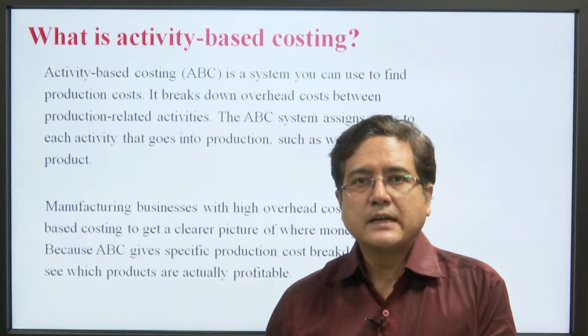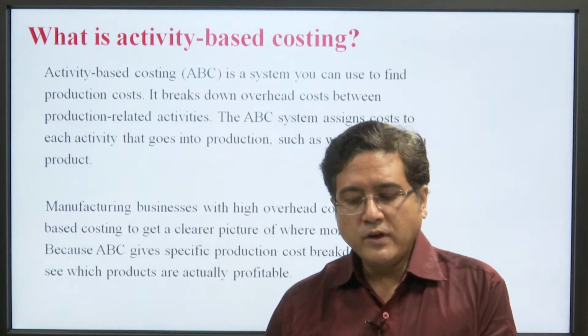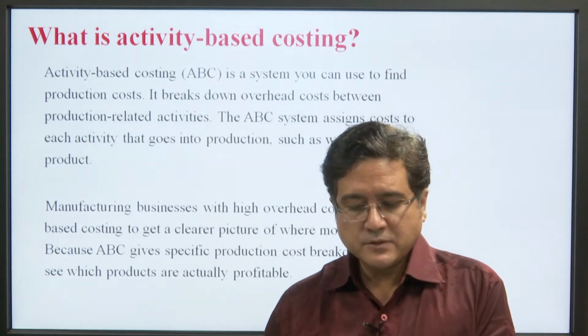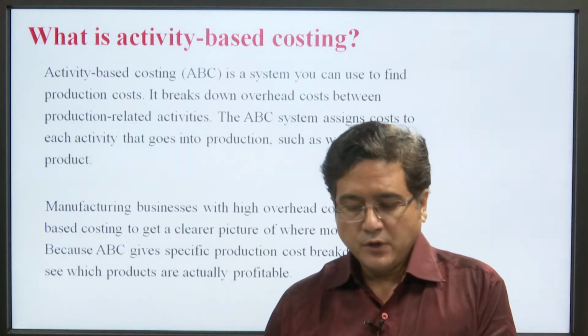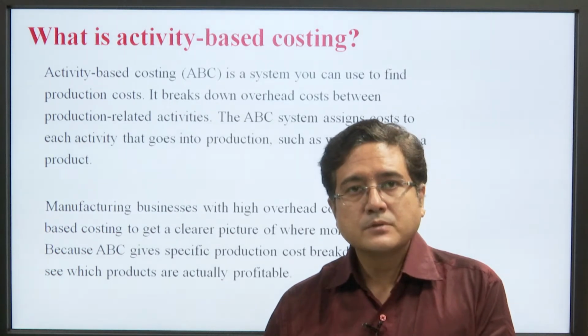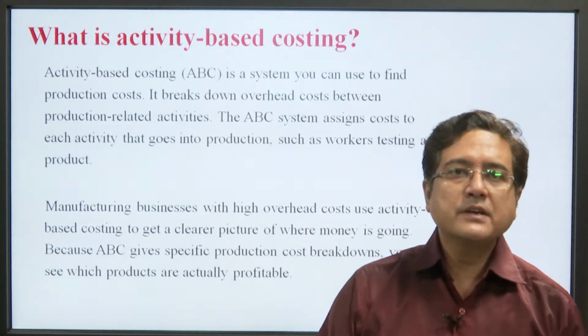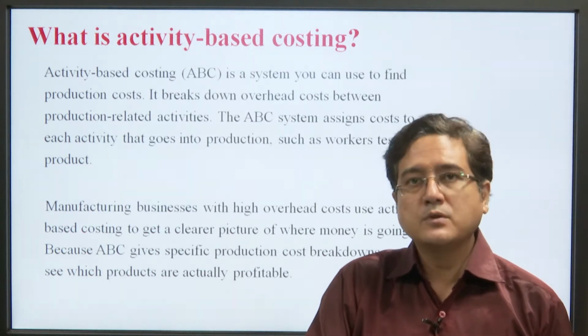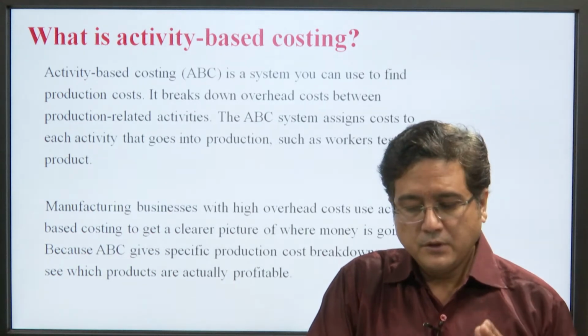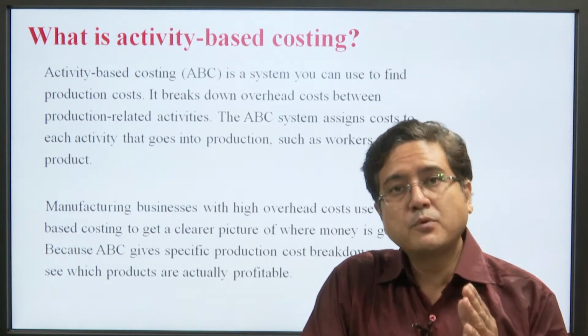For manufacturing businesses with high overhead costs, activity based costing gives a clear picture of where the money is going, because ABC has a specific production cost background. You can see whether the product is actually profitable.